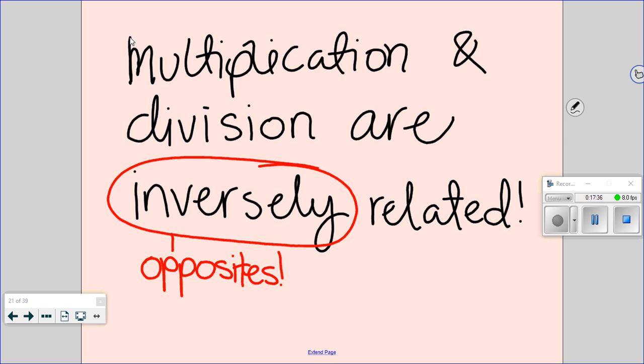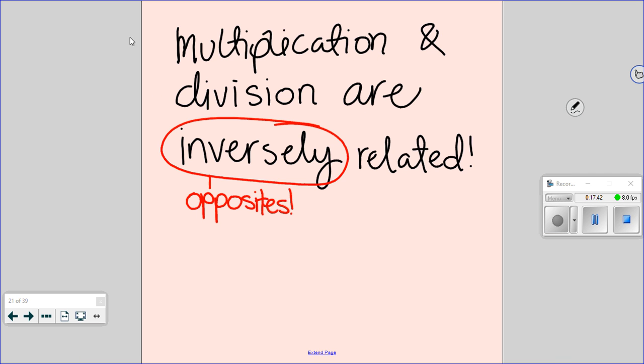They are opposites. So what that means, which is really exciting, think way back to 2nd grade. We can make fact families.